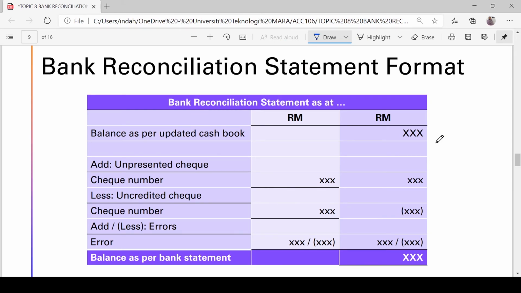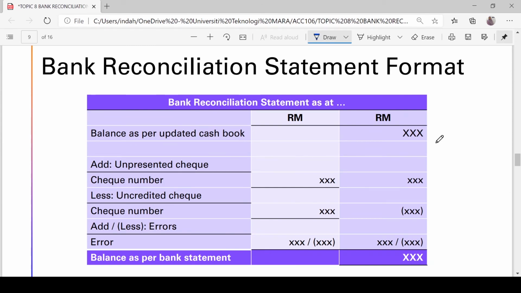If we get the balance as per bank statement, it means that we have incorporated all the items that appear in the bank, and the items that are in the cash book but not in the bank.